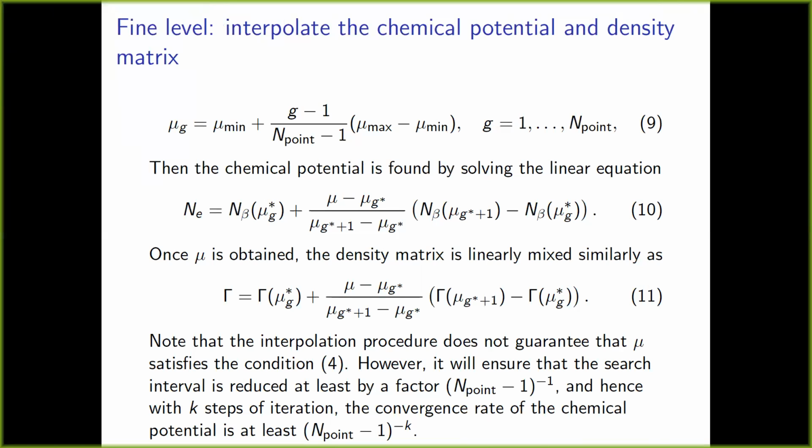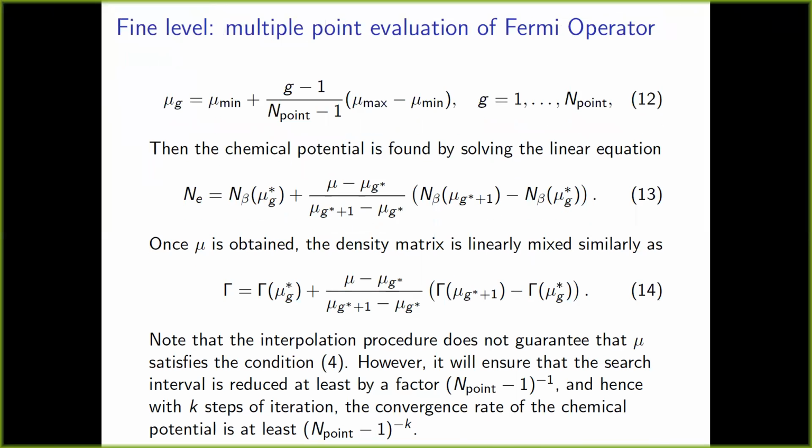We found that doing just a linear interpolation is very good in practice, and the interpolation procedure also gives us the ability to shrink the interval by a factor of the inverse of n point minus 1.